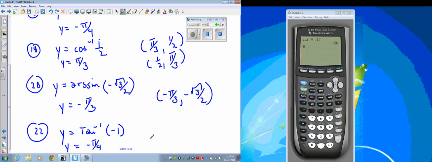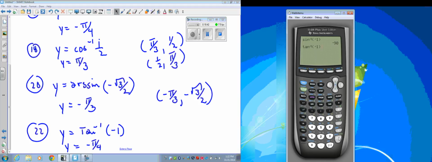If you use your calculator, you can see that that's what they're going to do. Like if you go second tangent, then you go -1, and I'm in degree mode. So how many degrees is that going to be?